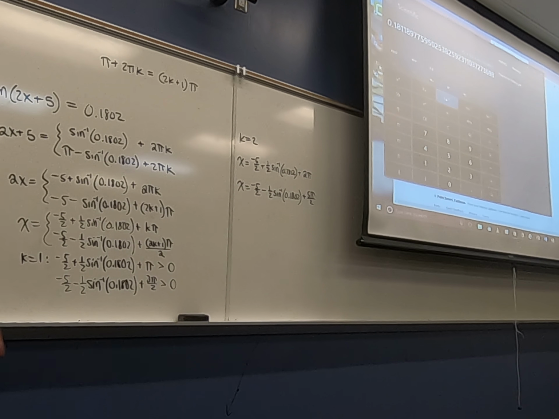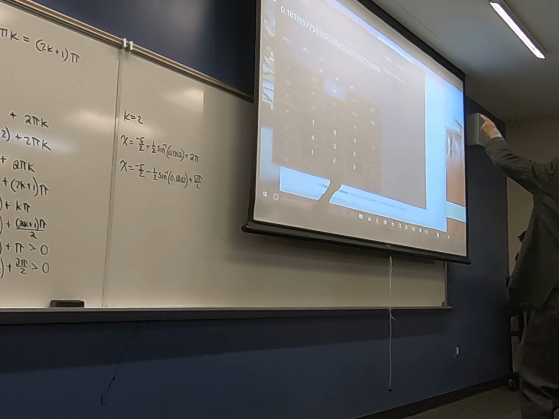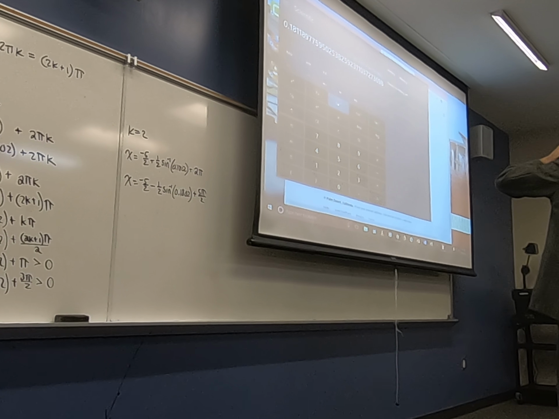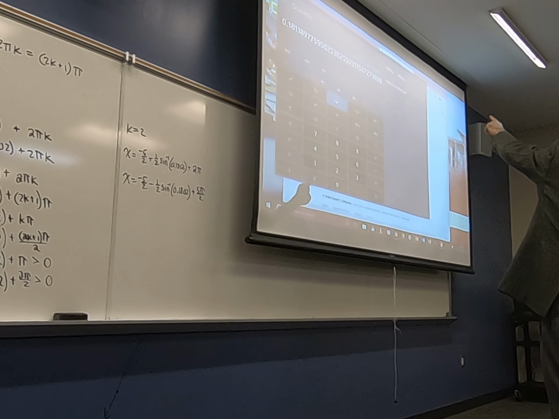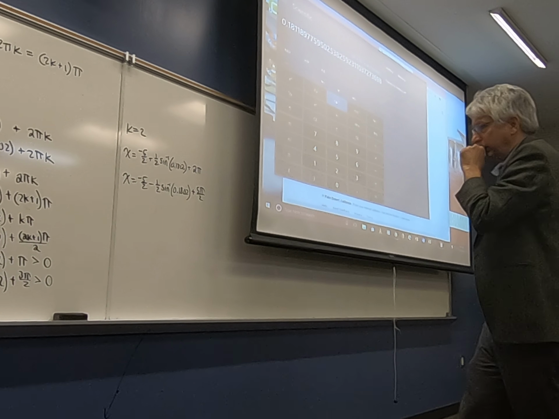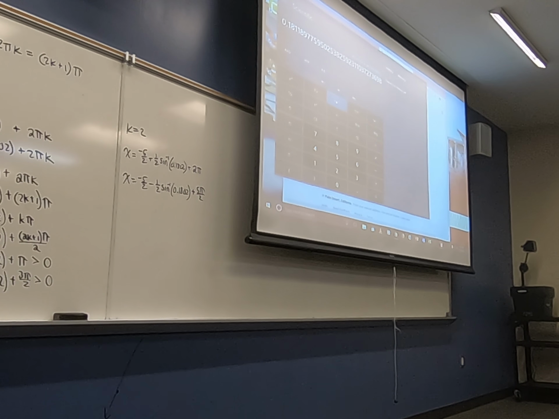On the top there it says negative 2.5, plus 0.5 arc sine of 0.1802. Okay, then I just want to add pi to that, right? So I'm going to say plus pi equals.